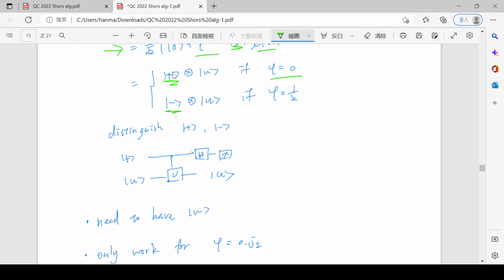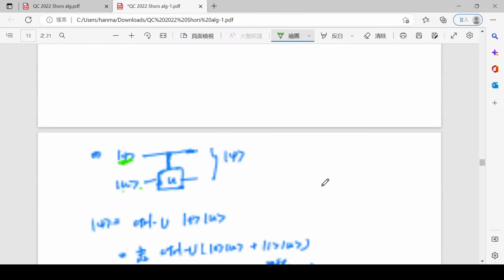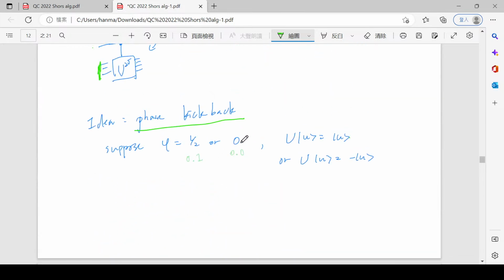You do a measurement in the plus-minus basis. So basically you do a Hadamard to turn plus and minus into 0 and 1, and you do a measurement. Yeah. So we see that this is how you do phase estimation when you know your phase is just 0.0 or 0.1 in binary.